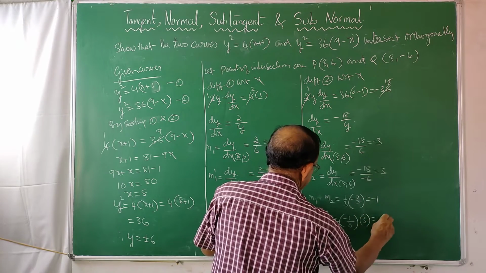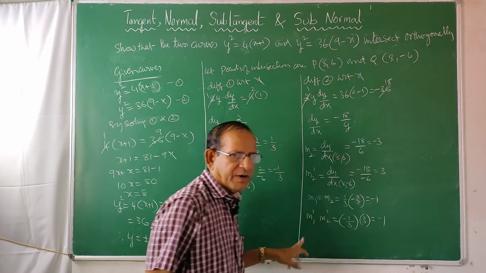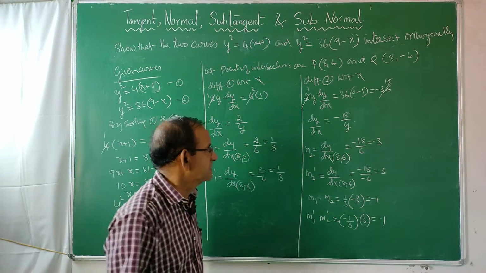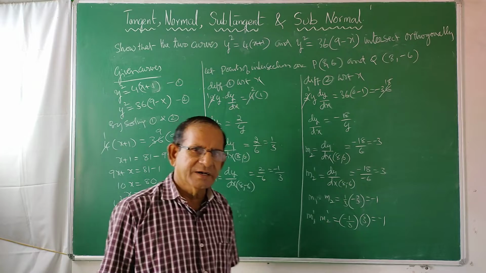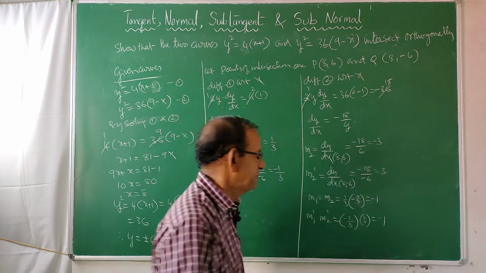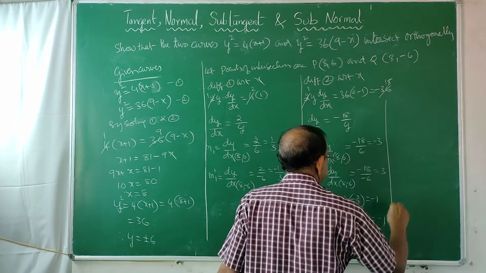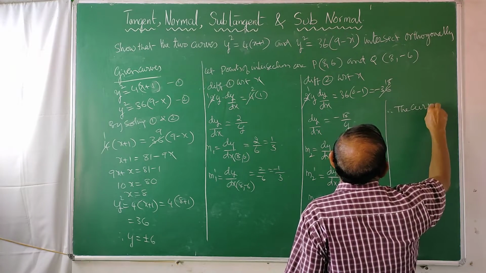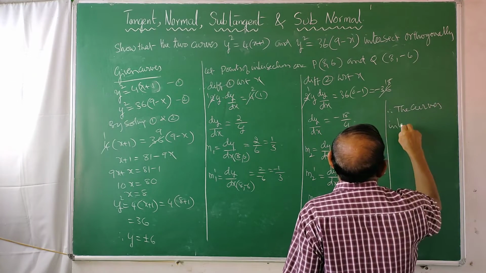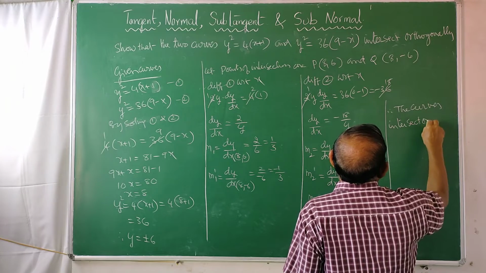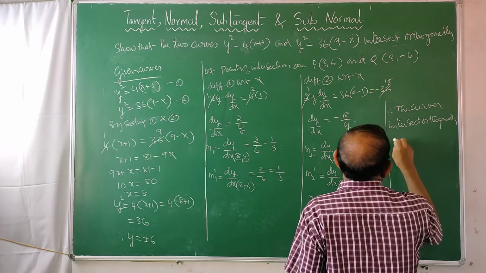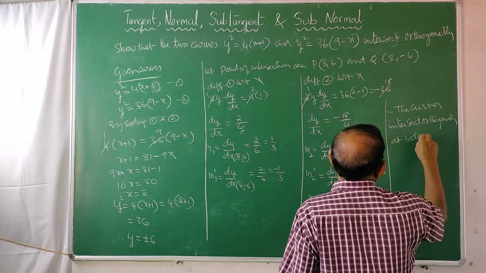So again it is minus 1. So at both the points, the product of the slopes of the tangents is equal to minus 1. That means the two curves are intersecting orthogonally at both the points. Therefore, the two curves intersect orthogonally at both the points.